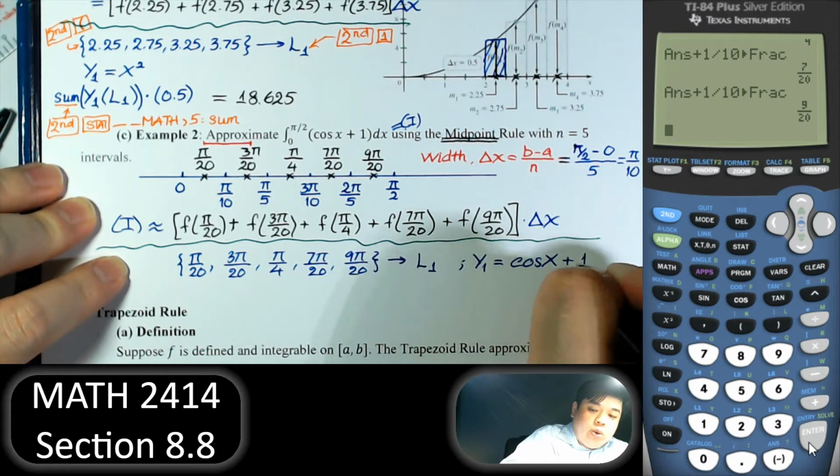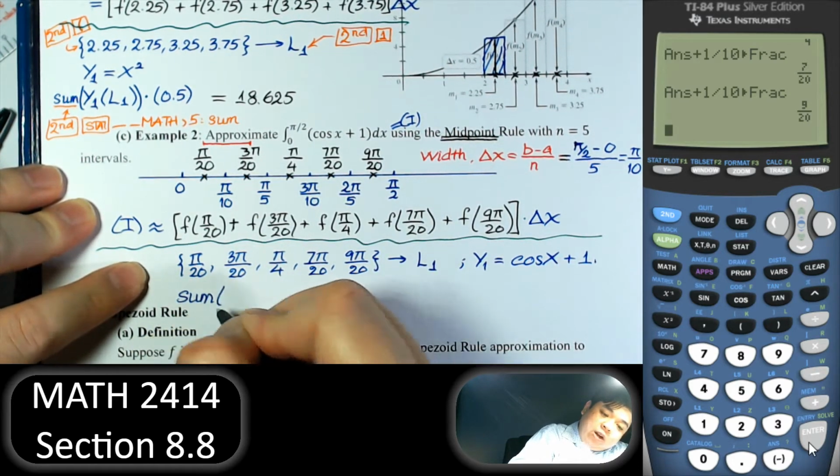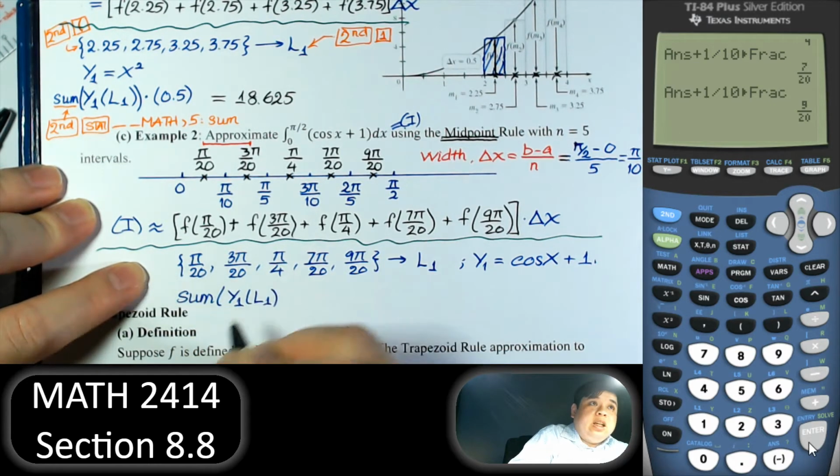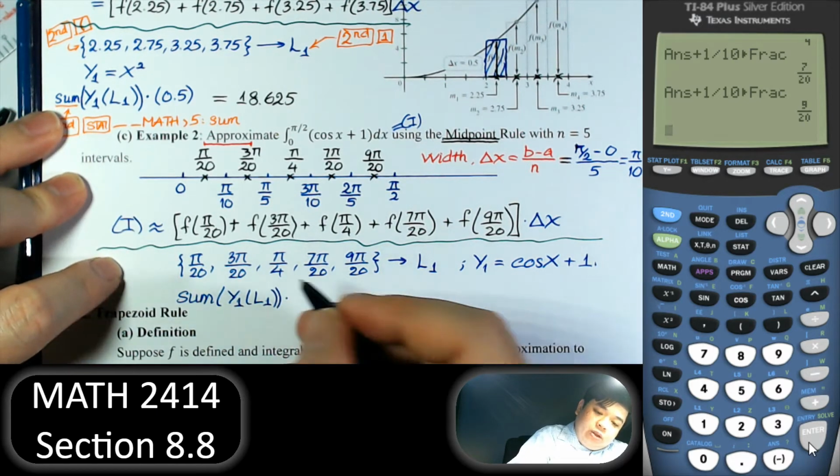Make sure this is in the radian mode, and after that we say sum. We're going to add on the values of this one, evaluate as y1 multiplied by the width.